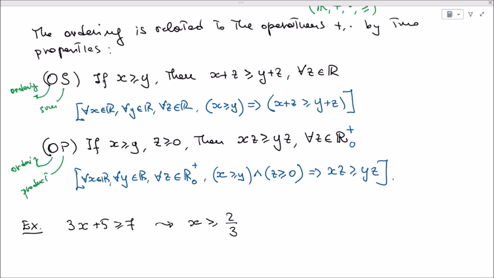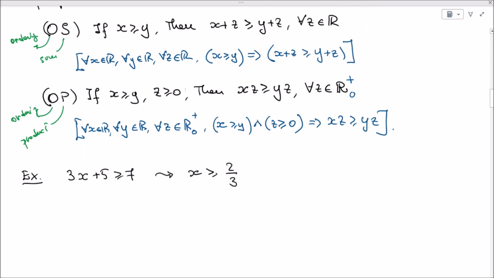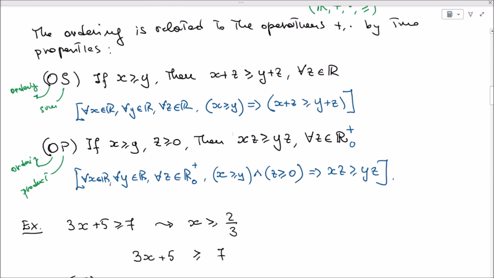And I'll show you now that hidden in this step, we are using all the properties that we have just introduced. In fact, starting from 3x plus 5 larger than or equal to 7, the first thing that we do is applying the OS axiom, that basically says that given x and y, with x larger than or equal to y, we can add on both sides a third real number z.